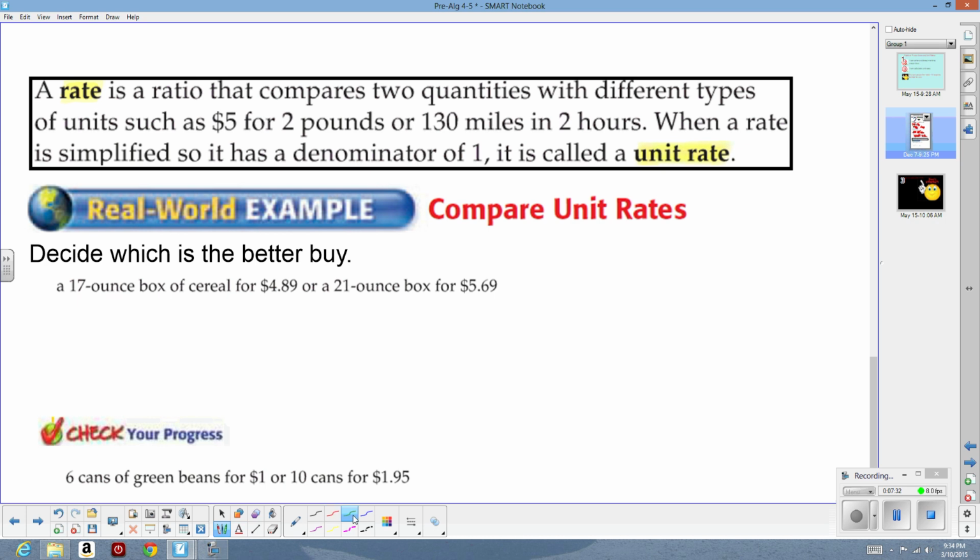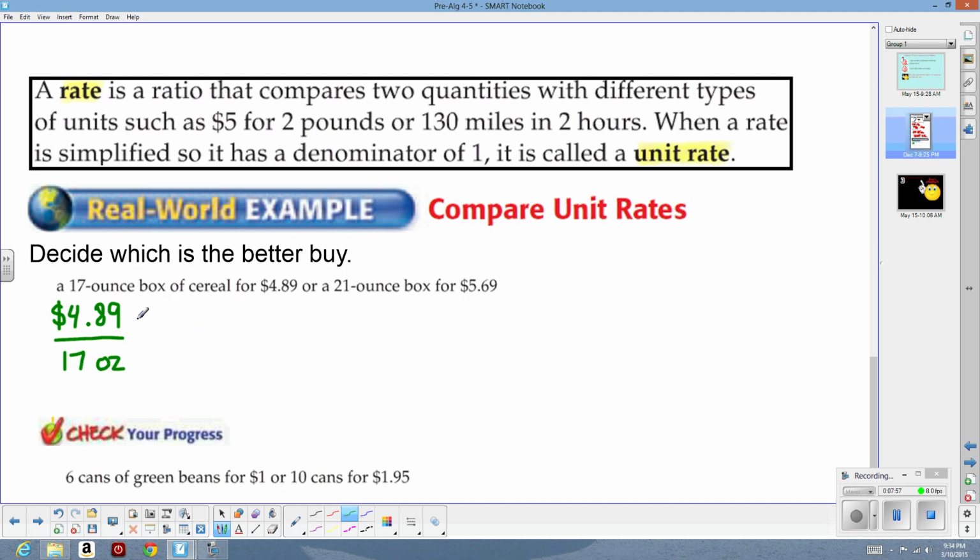If you want to compare these to see which is the better buy, you're going to take the price, $4.89, and divide it by the size, or how many. It's $4.89 for a 17-ounce box. So if we want to find the unit rate, it's dollars per ounce.